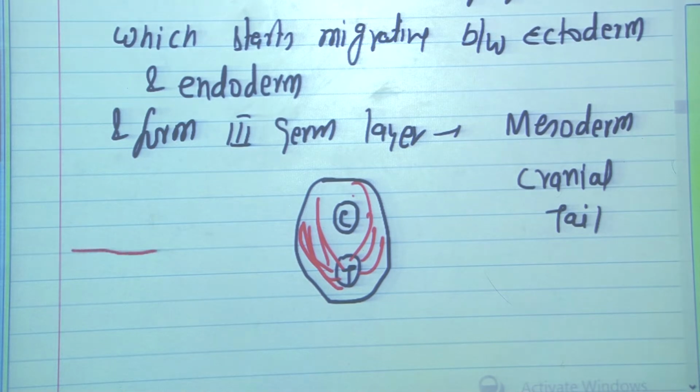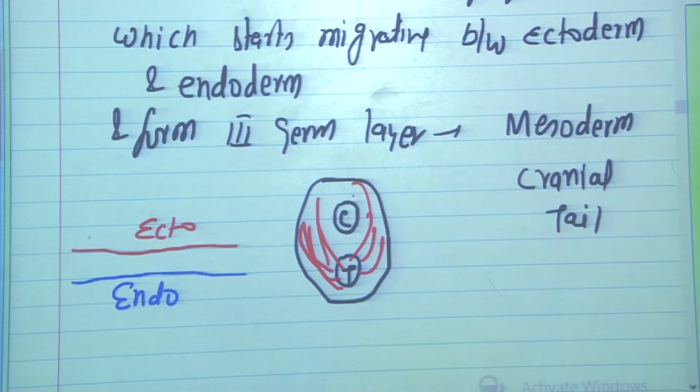This is the ectoderm, this is endoderm, and in between these two, mesoderm appears. So this is the third germ layer, mesoderm. In this manner there is the formation of 3 germ layers.